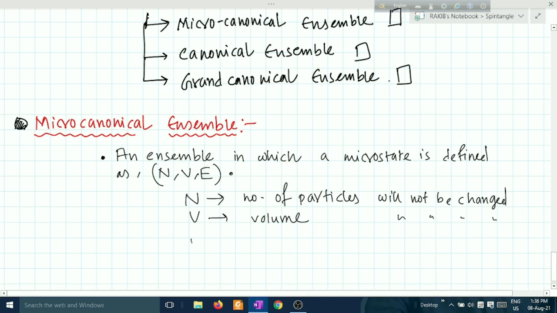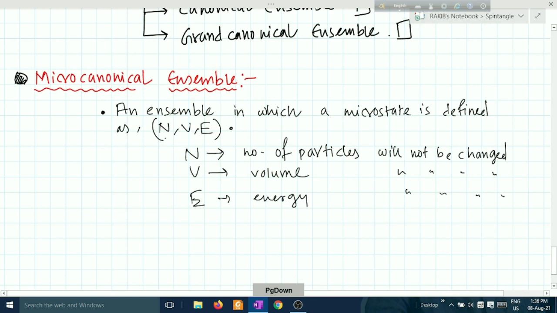And the same thing, the energy will not be changed. This is the NVE structure. In the microcanonical ensemble, the NVE structure does not change.